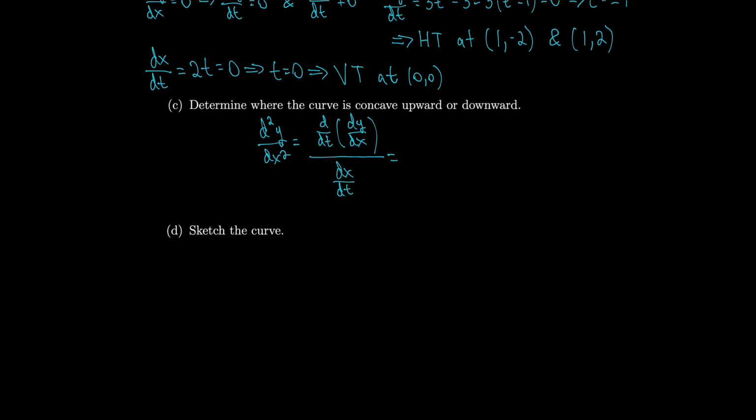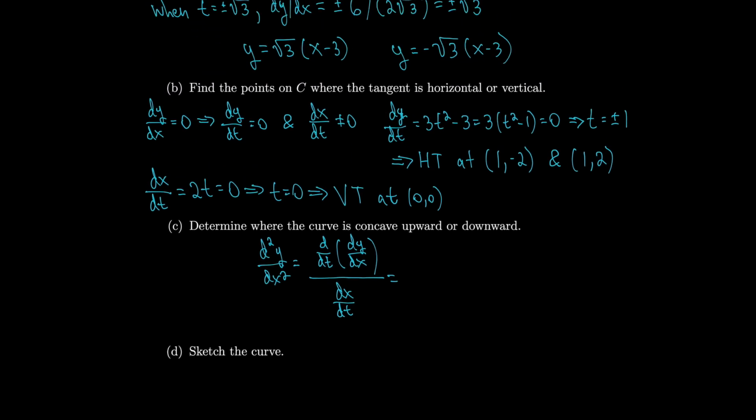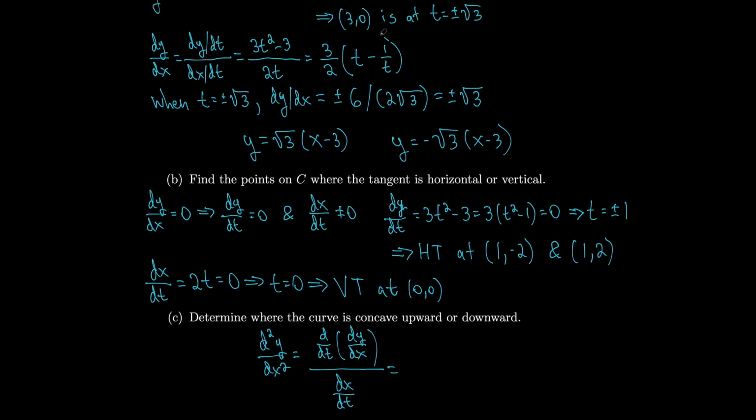So if we take our dy/dx, which we calculated was 3/2 times (t - 1/t), then the derivative is just 3/2 times (1 + 1/t squared). And dx/dt is still 2t. So simplifying, we get 3 times (t squared + 1) over 4t cubed.